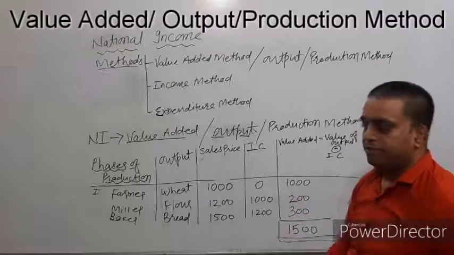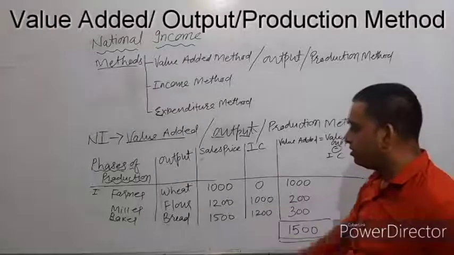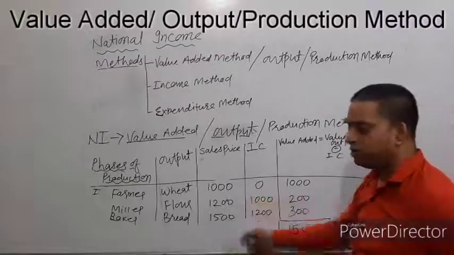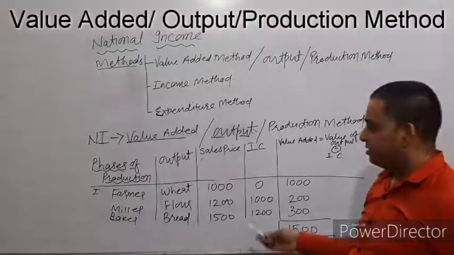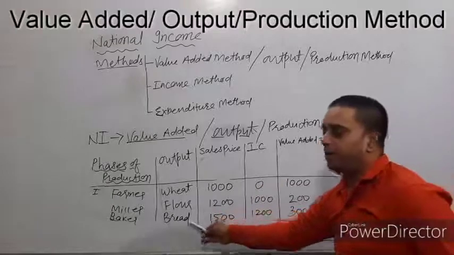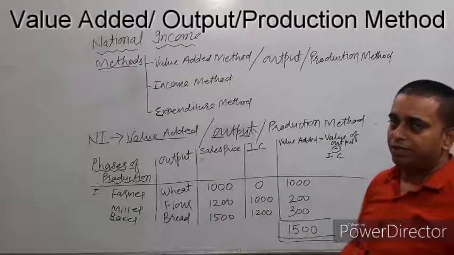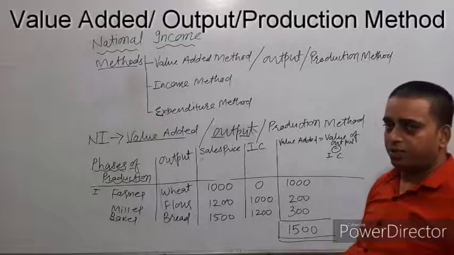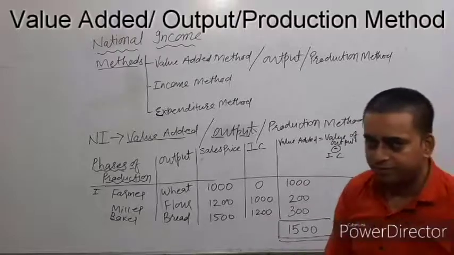And then the miller wants to sell his product. So what is the selling price? 1200, right? Next, the baker prepares bread, and after preparing bread he wants to sell his product, so he will sell it for 1500, right?